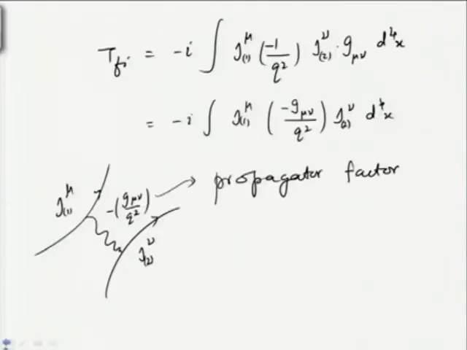So, we have in T f I a current J1 interacting with another current J2 through a propagator, and you sum over all the possible values of x corresponding to this, and then that will give you the transition amplitude. I can actually say that, okay, let me do it in a proper way.